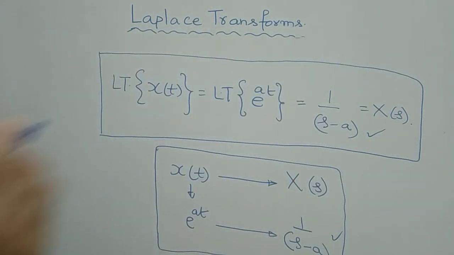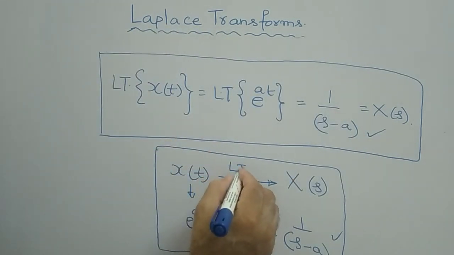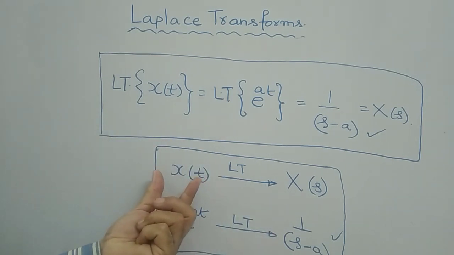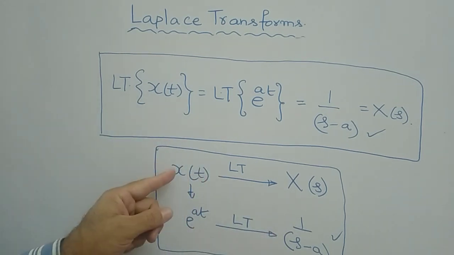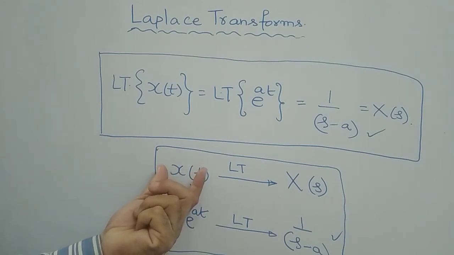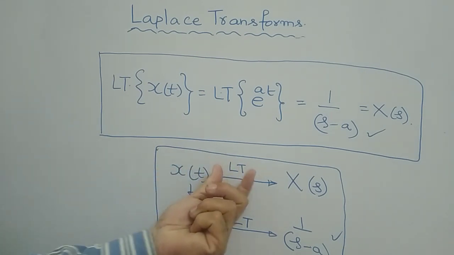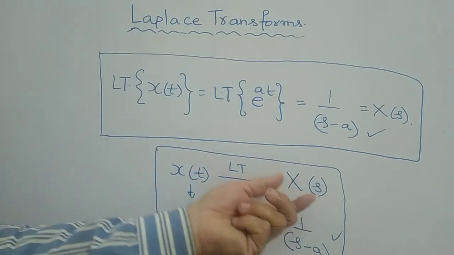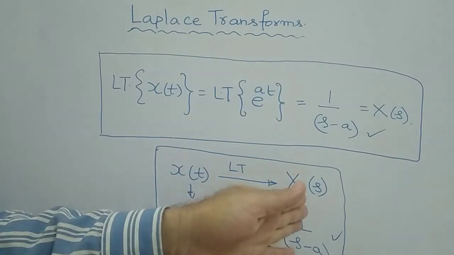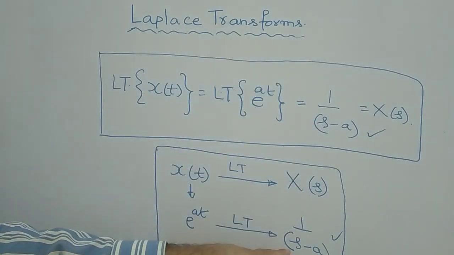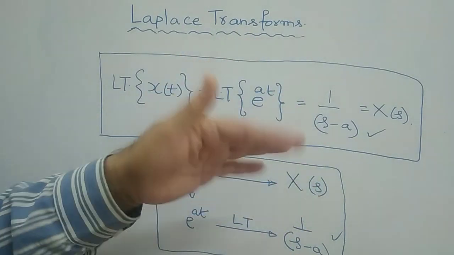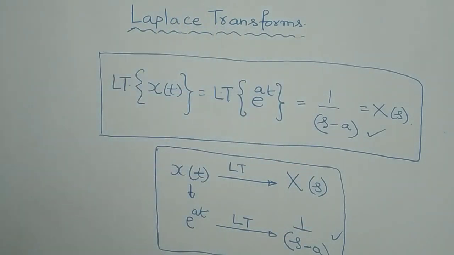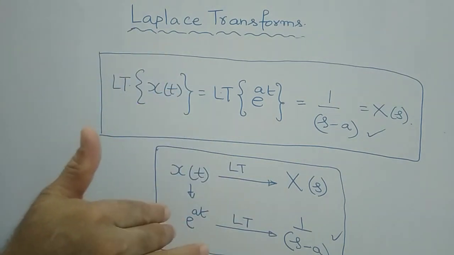So you can write like this: Laplace transform. If x of t is the given time domain function, with the application of the Laplace transformation, it becomes x of s. That means you will get your output in terms of s only. It may be s plus 1 or something, whatever it is. Sometimes a fraction will come, some numerator by some denominator.